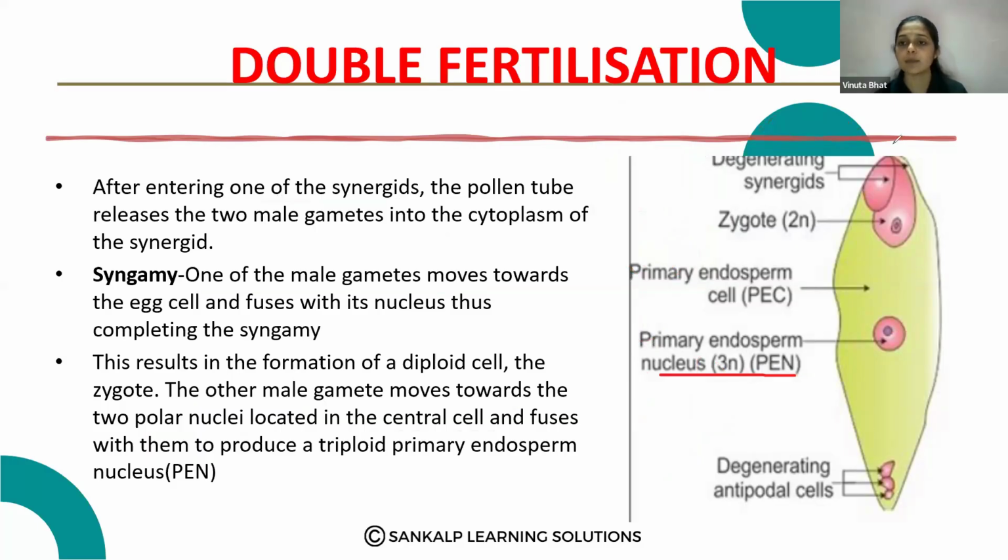One male gamete fuses with the egg cell and forms the zygote, which is diploid, and that process is called syngamy. The other male gamete fuses with the central cell and forms the primary endosperm nucleus, PEN.